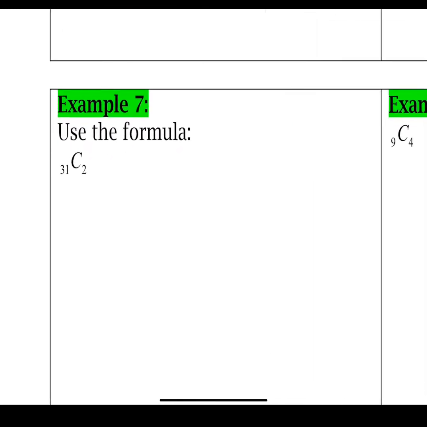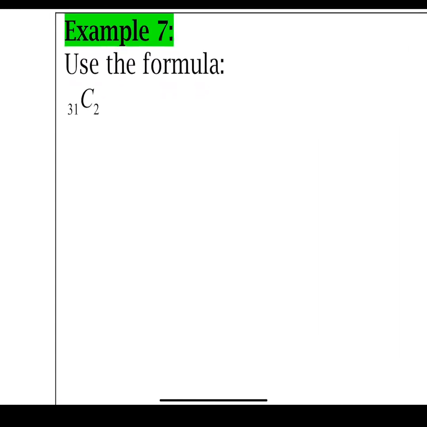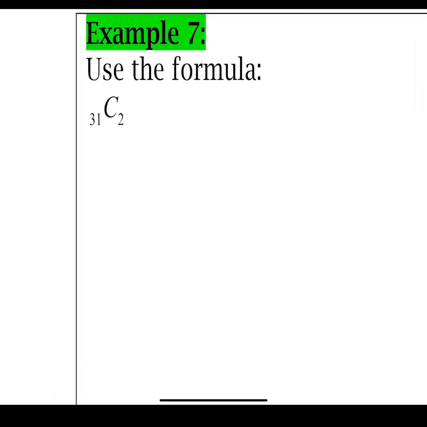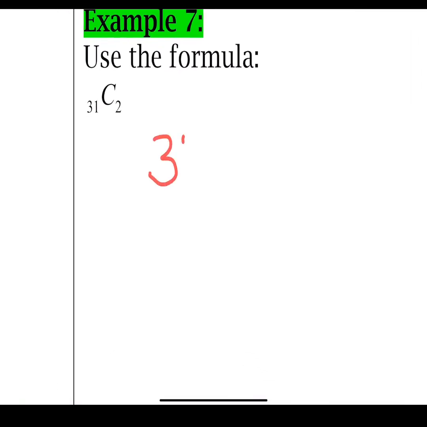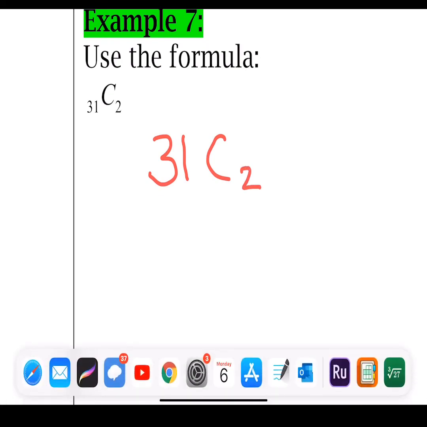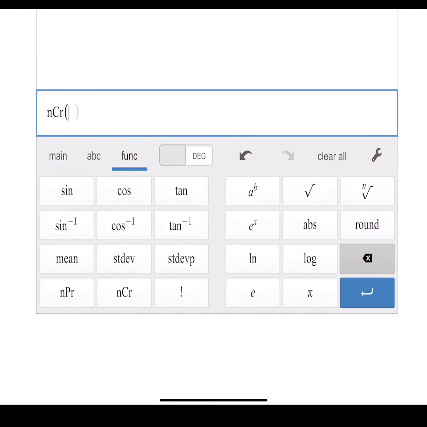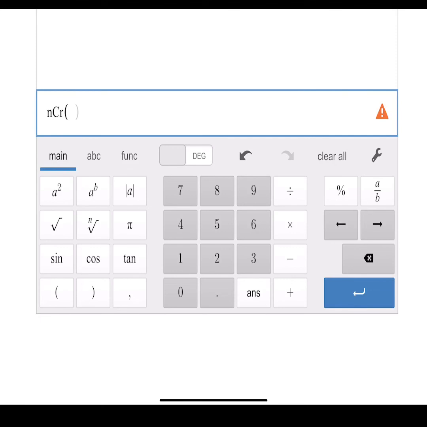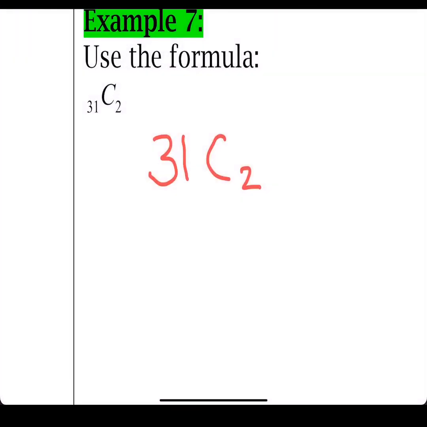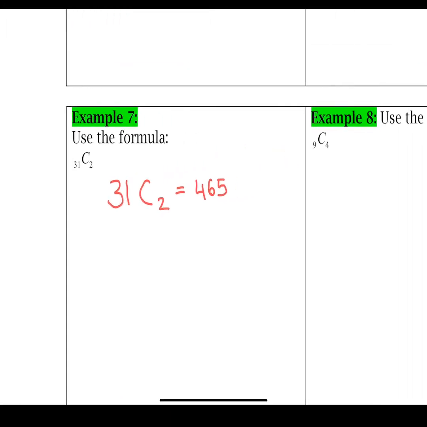And here they said, use the formula. They're asking you to find 31C2. I'm going to plug that in my Desmos. Clear all, function, nCr, main, 31, comma, 2. 465. Let's try the next one.